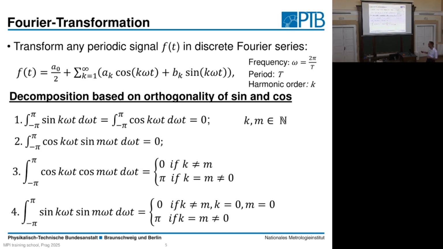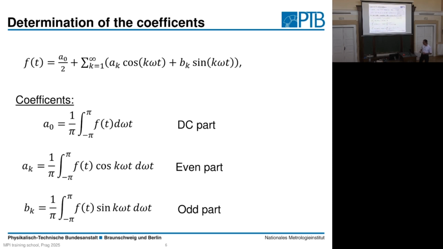The same holds for the odd functions: if we multiply two odd functions, it is 0 if the harmonic order is unequal, and if it is equal, then it's P. This leads us to the calculation of the components. A0 I have already said, and the other coefficients follow from the third and fourth rule on the page before.